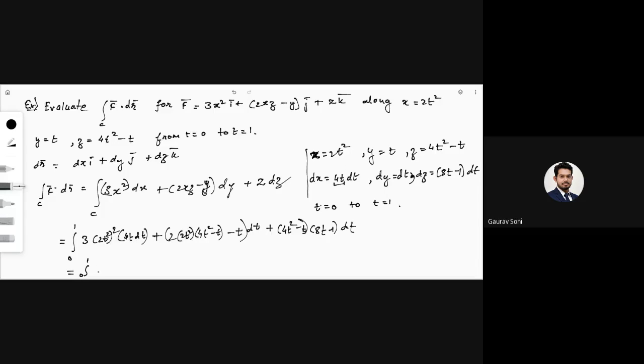So this is going to be 12, so that is 48 actually. 48 t raised to 5 dt plus, in bracket, this is 4 t raised to 4, it was 16 t raised to 4 actually. 16 t raised to 4 minus 4 t raised to 3 dt plus, into the multiplication here, 24 t cube minus 4 t square minus 8 t square plus t.